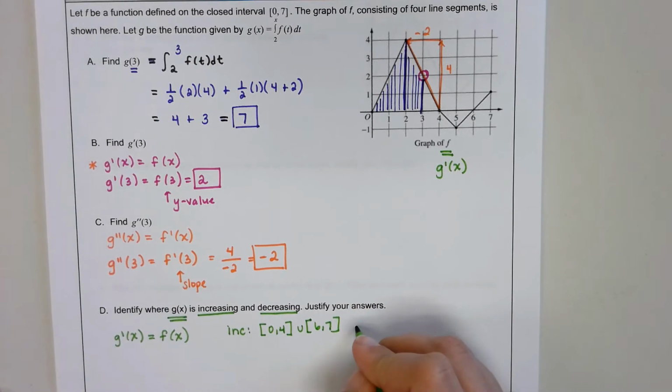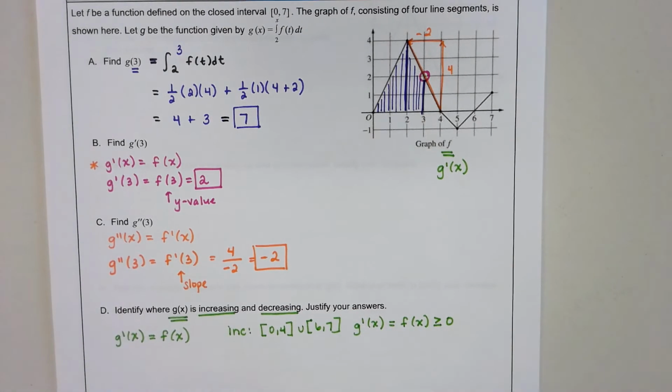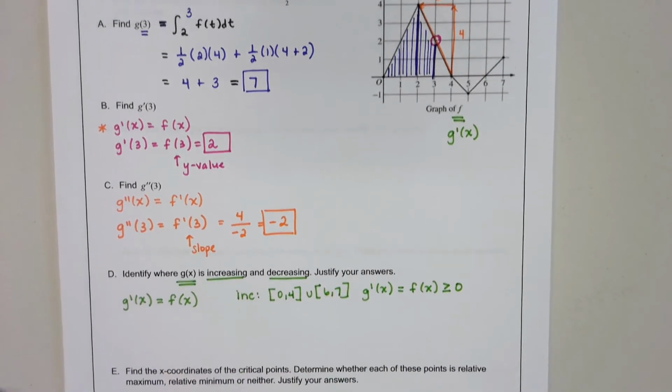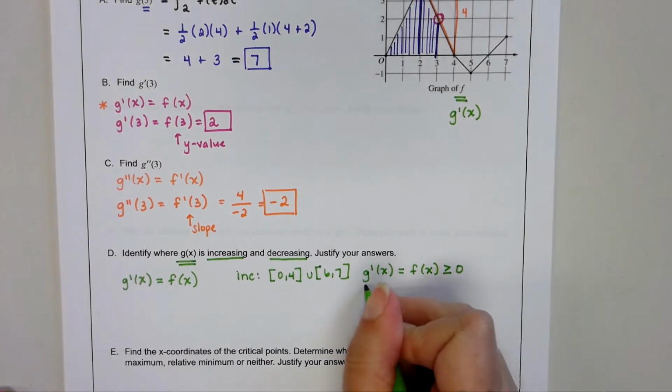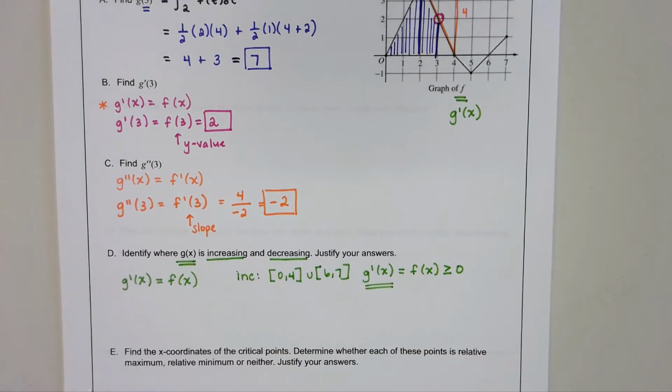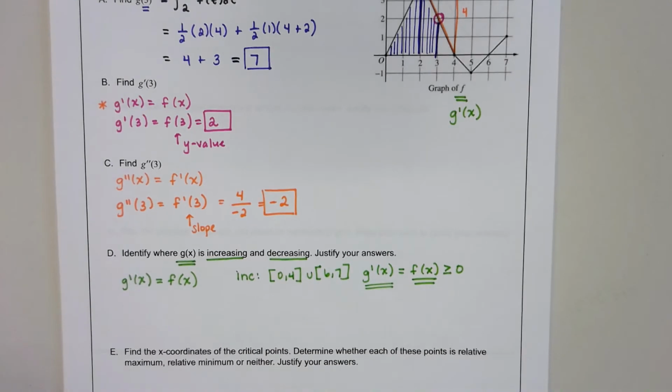My justification would be because g prime of x, which is equal to f of x, is greater than or equal to 0. Now, there are a couple important things about this justification. The first important thing is I'm talking about g prime, but I need to then relate that to the graph that I've been given, which is f.